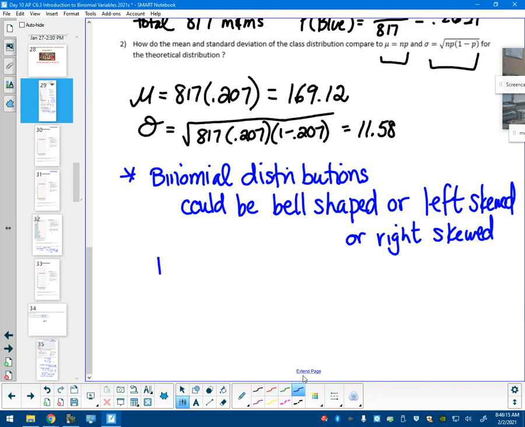And the other thing we want to know about binomial formulas, which is the following.